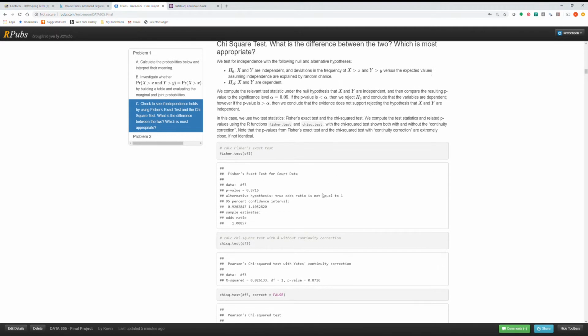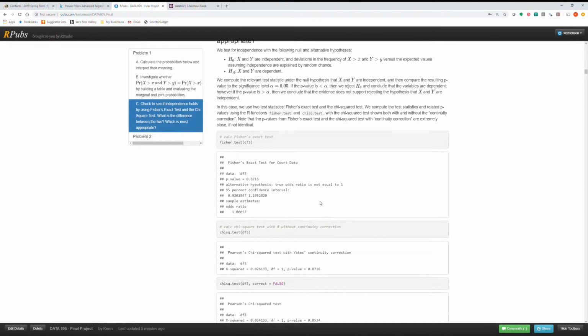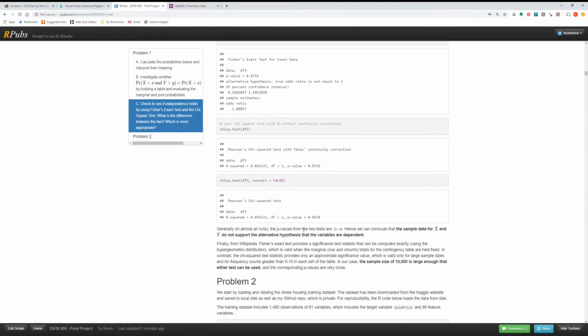The difference between the two tests is that the Fisher's exact test, as the name implies, can be computed exactly, which depends on using the hypergeometric function. It's valid when the marginal totals for the rows and columns in the contingency table are held fixed.